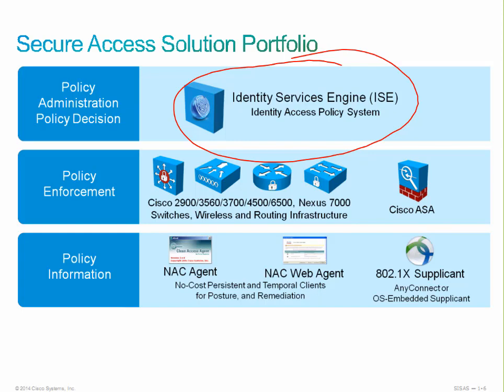It includes things like AAA, primarily through use of RADIUS and TACACS, device posturing, device profiling, guest management features like individual guest access, like temporary guest access, or even contractor access for longer periods of time.